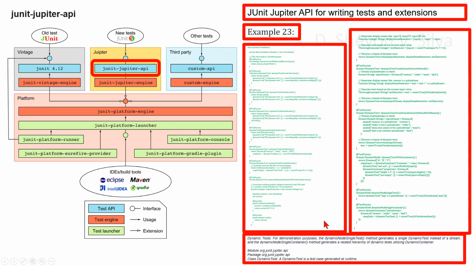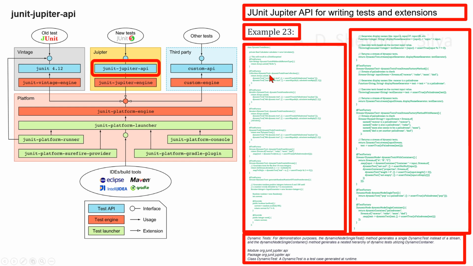The class DynamicTest in package org.junit.jupiter.api in module org.junit.jupiter.api: a dynamic test is a test case generated at runtime.